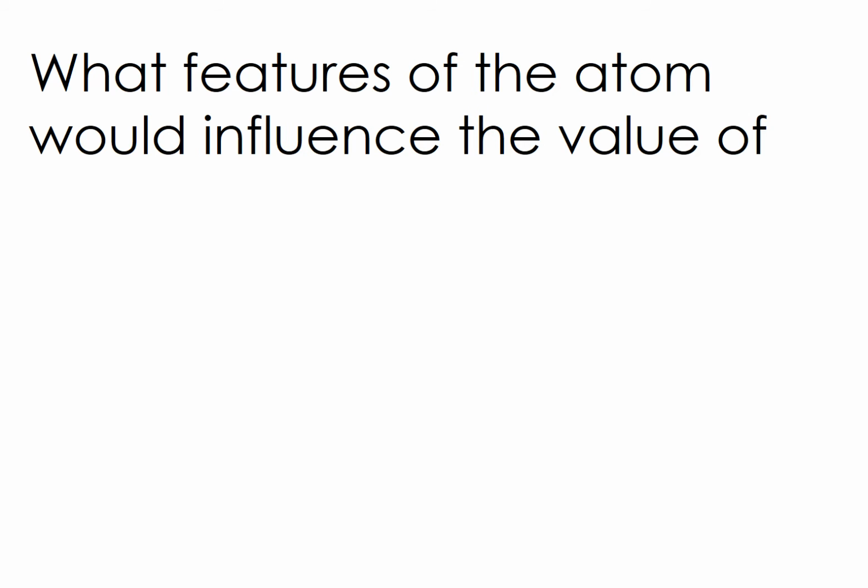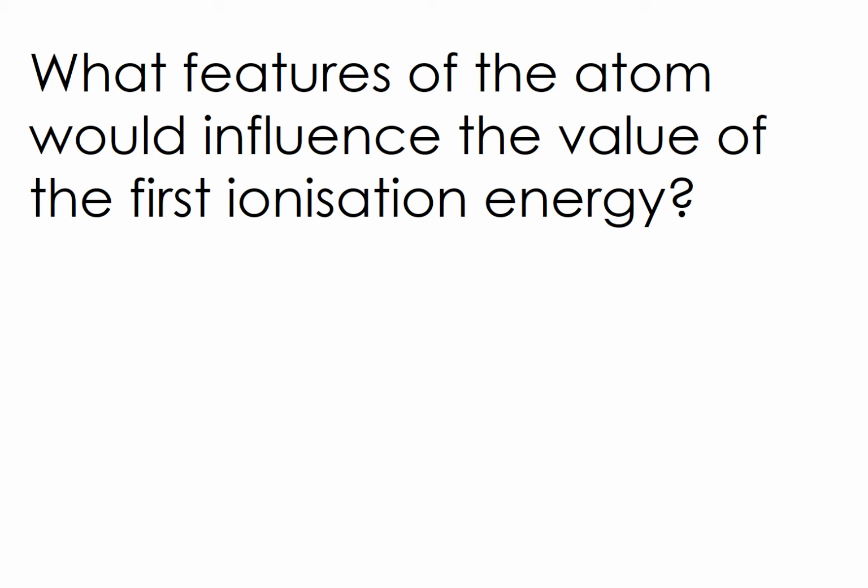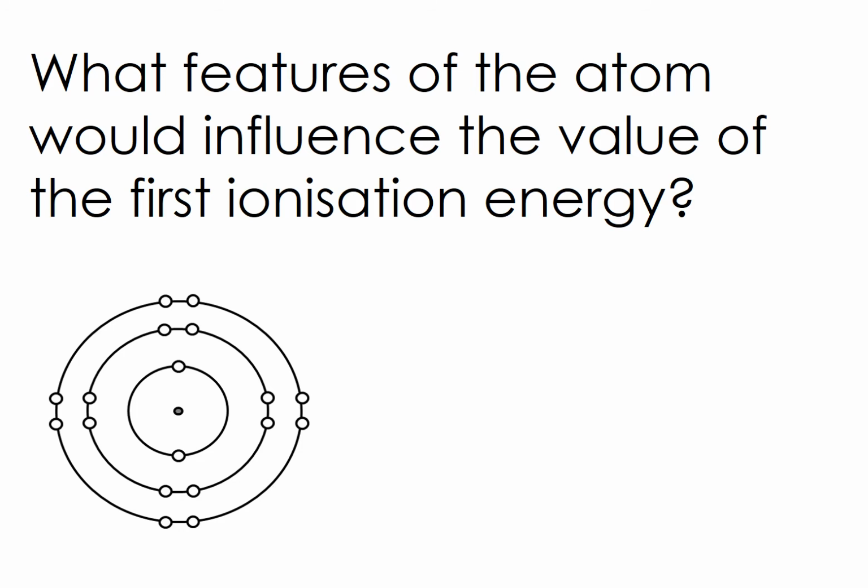Various features of the atom would influence the value of the first ionisation energy. For the time being, let's use this model of the atom, where in the centre we've got the nucleus, something you're familiar with from GCSE, and here we've got electron shells or energy levels, and the little circles represent electrons.